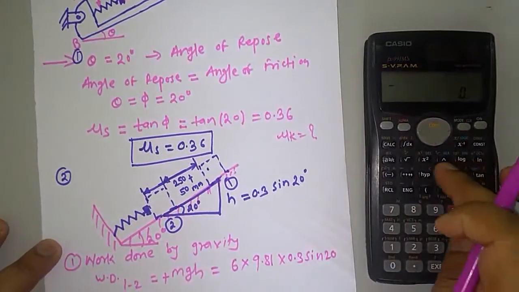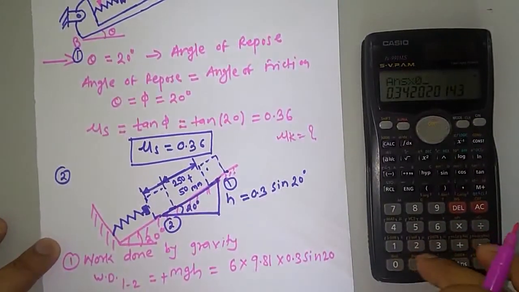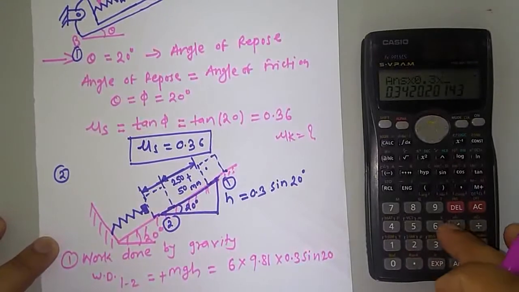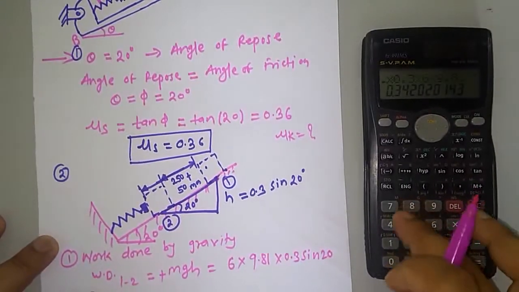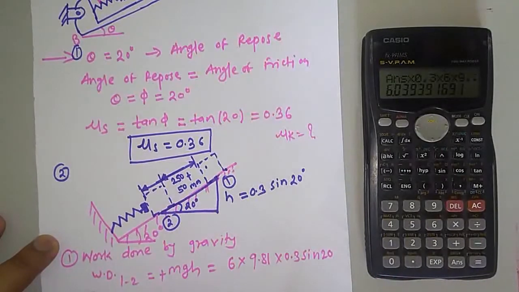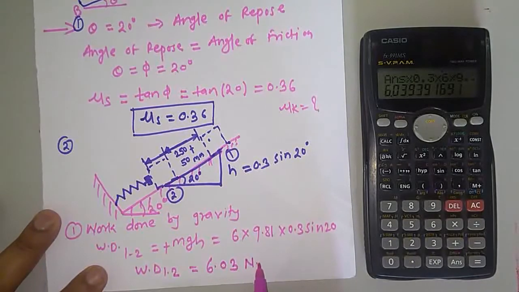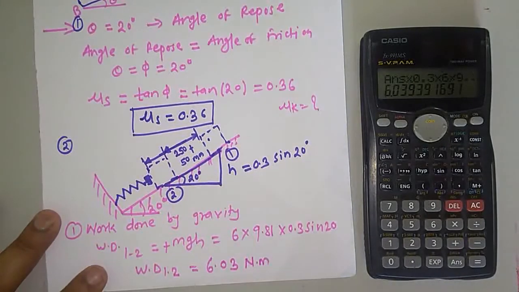So we will get sin 20 into 0.3 into 6 into 9.81. So we will get work done by the gravity as 6.03. This is our work done and the unit is Newton meter.